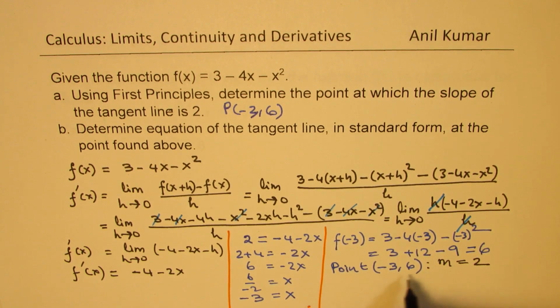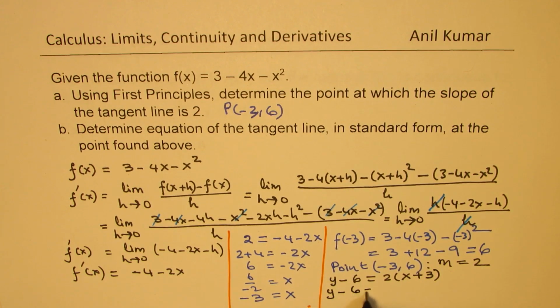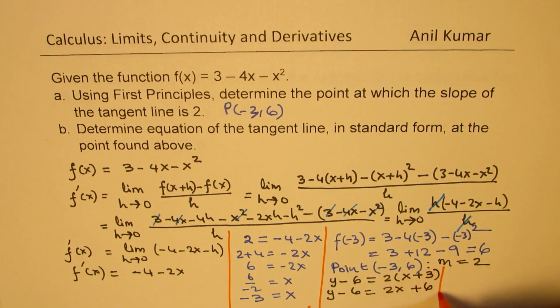So the equation can be written as y minus y1, which is 6, equals slope m times x minus x1, which is minus 3, correct? So from here we know y minus 6 equals 2x plus 6, and that can be written as, taking y on this side, minus y, minus 6 plus 6, when it adds up becomes plus 12 equals 0, right?